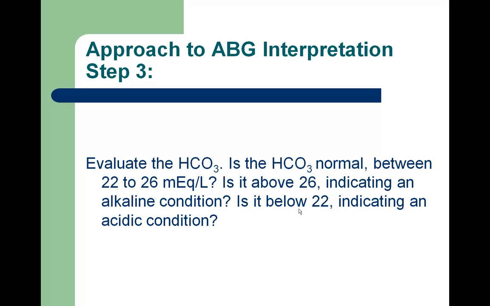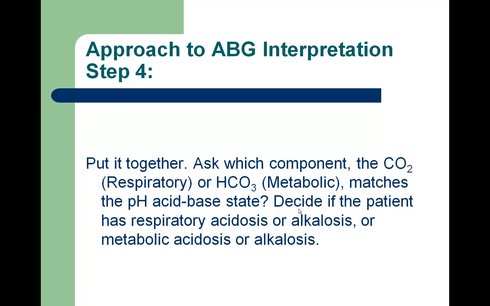Evaluate the bicarb. If it's normal, it's between 22 and 26. Is it above 26, indicating an alkaline condition, or if it's below 22, it indicates an acidotic condition. Put it together. Ask which component, the CO2, respiratory, or bicarb, metabolic, matches.